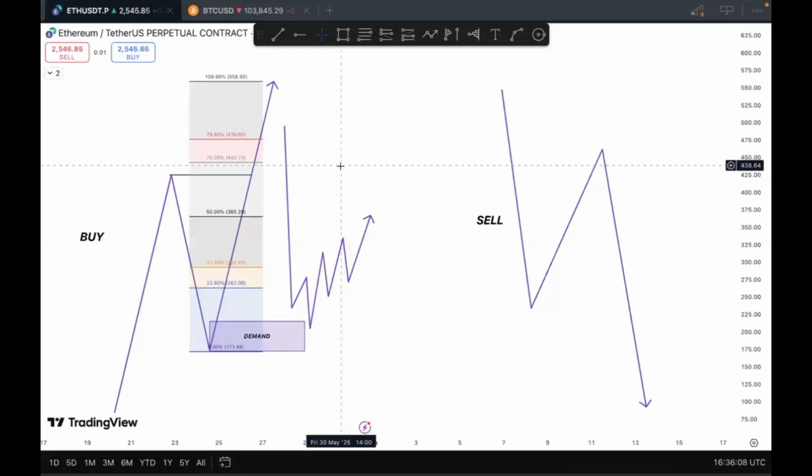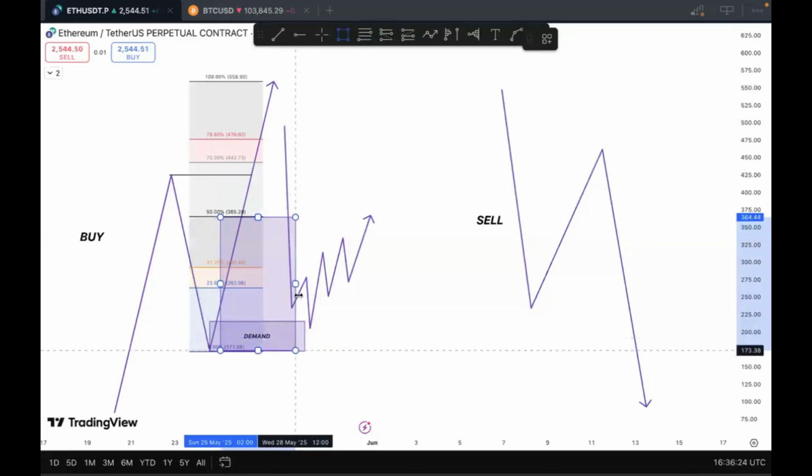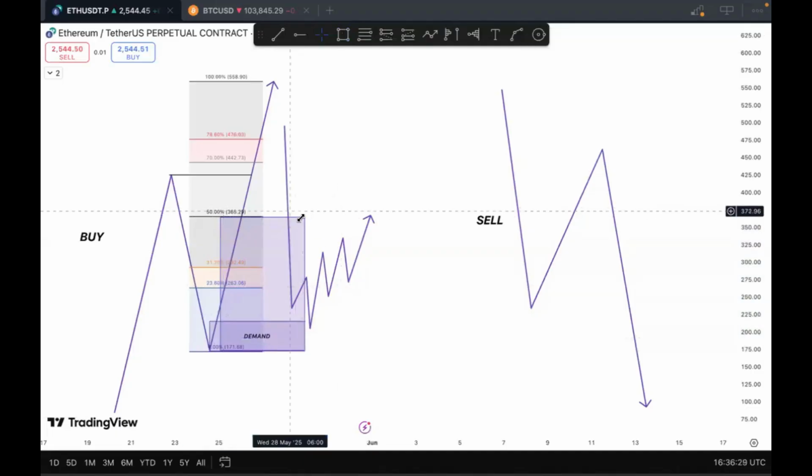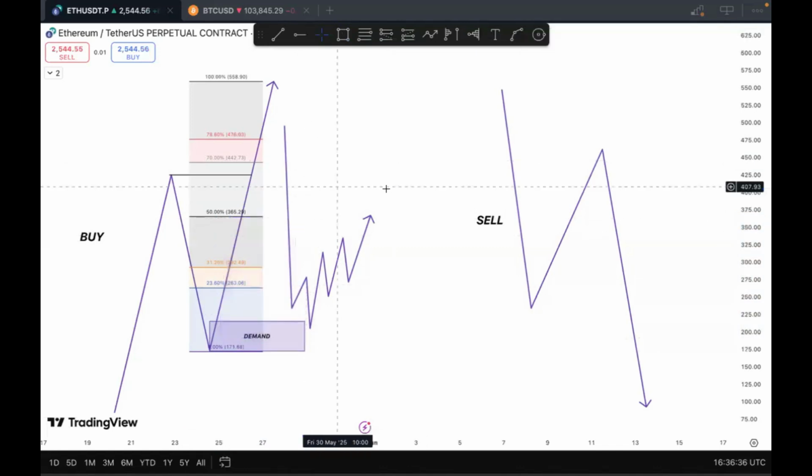So for a buy, we want our structure to be at the discount zone. So where is the discount zone? This is the discount zone. But before I say that, we'll progress.